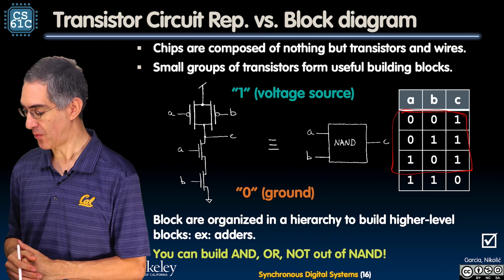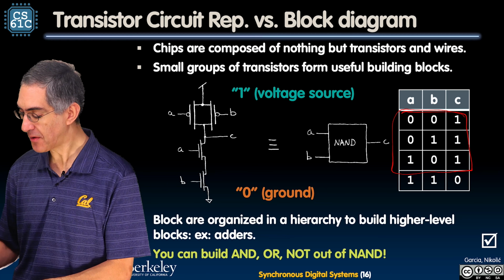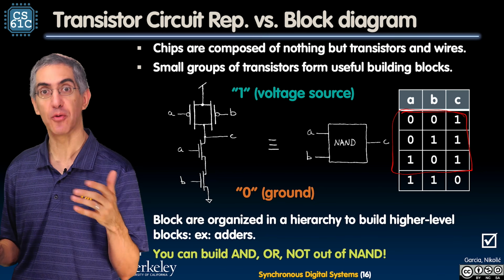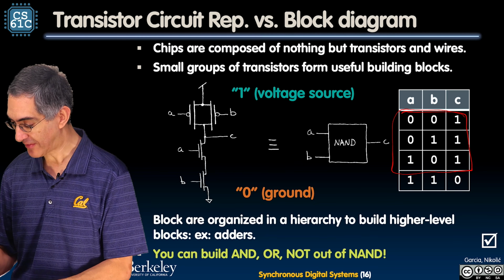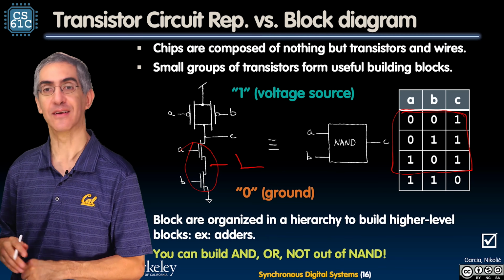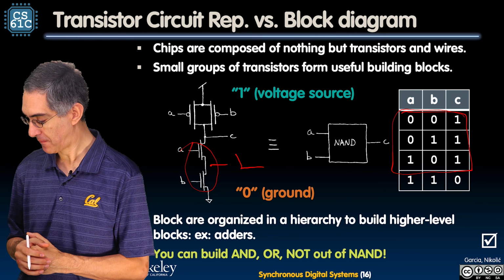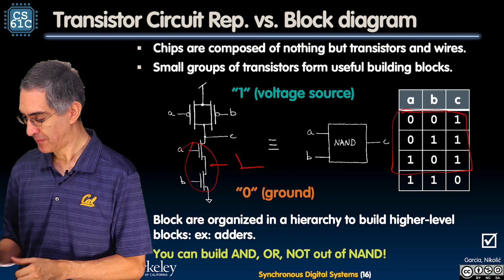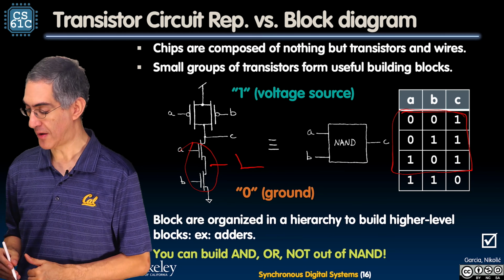How's this work? Well, in those three cases, we know either A or B or both are 0, which means this is disconnected. Both of these guys are disconnected. That's pretty cool. So there's no connection from C to ground.